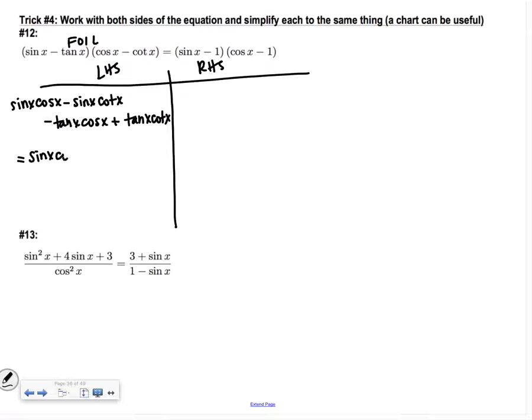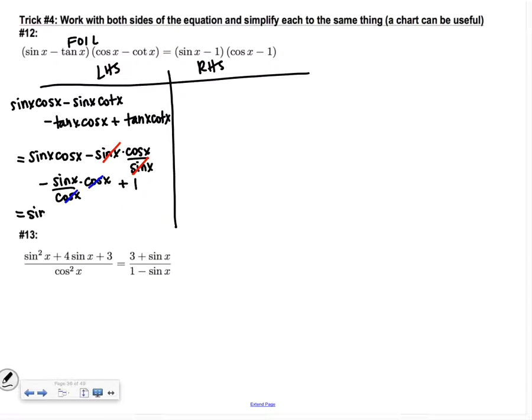So I have sine of x, cosine of x, and now I'll switch it to my sines and cosines. So I have sine of x times cosine of x over sine of x. So that's what I was hoping would happen, where we would have some things cancel. And then I have minus sine of x over cosine of x. So again, cancel.